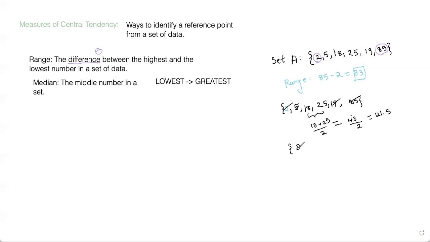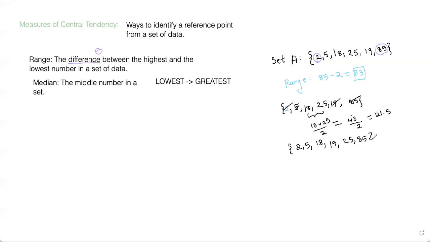Ordering it, we know that 2 comes first, then 5, then 18, then 19, then 25, and then 85.